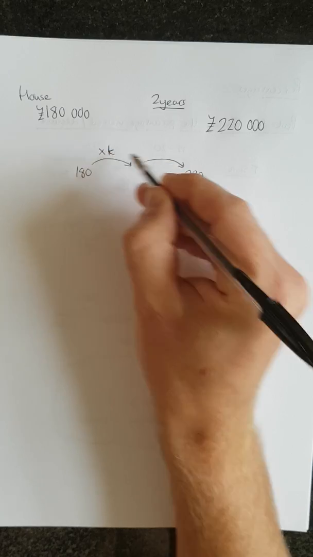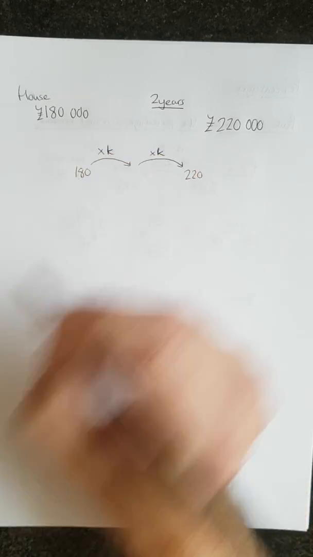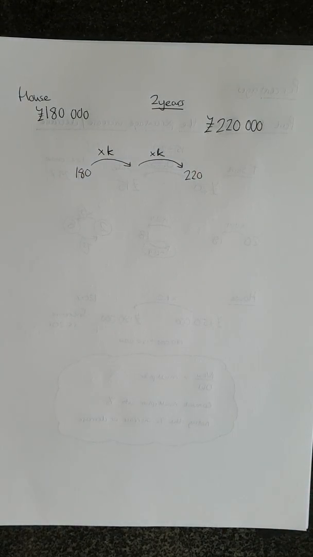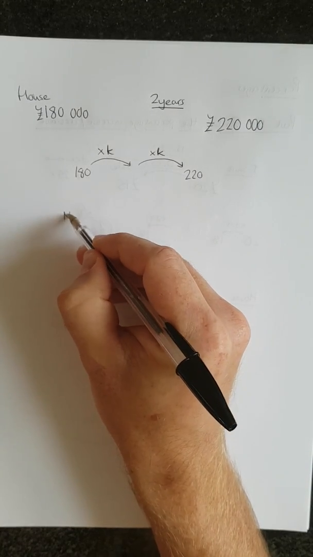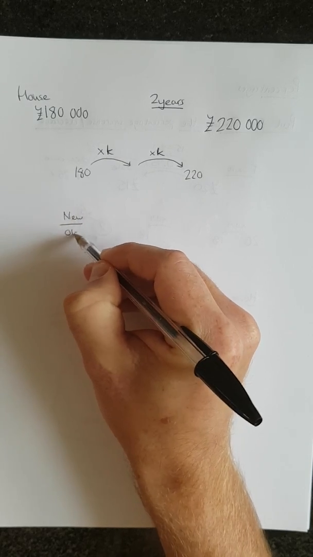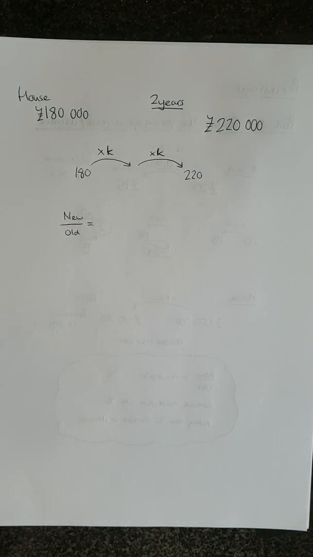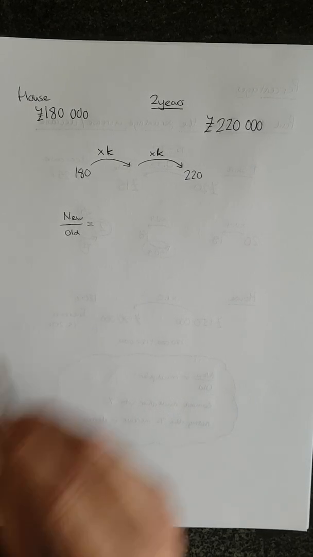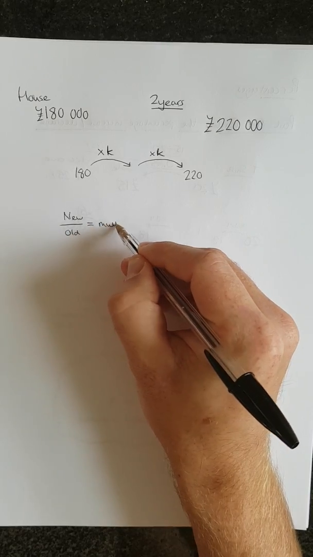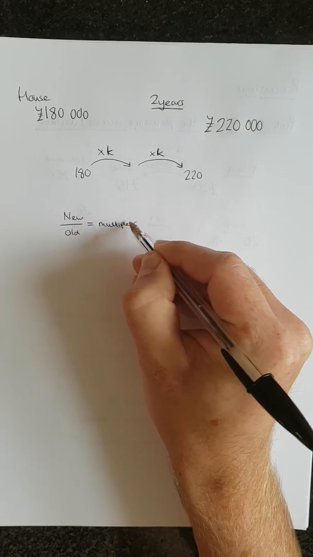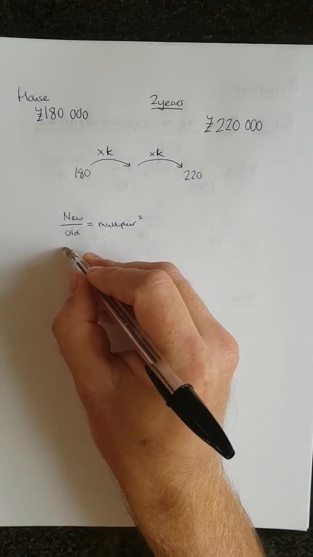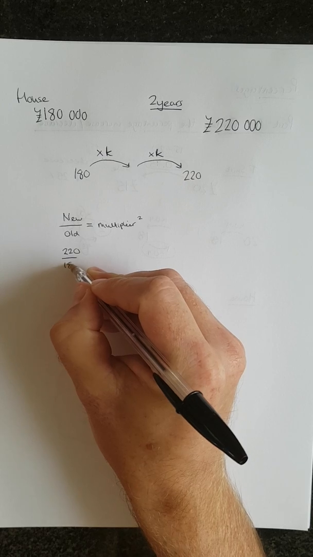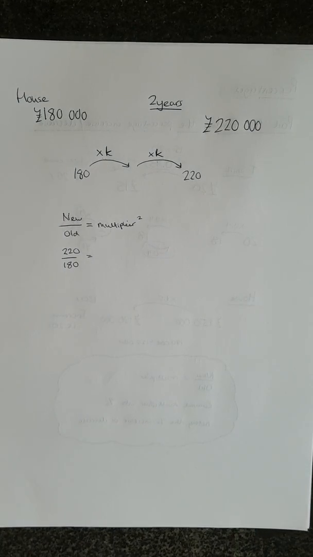So I'm going to call it K. So let's have a go at this using our method. New divided by old equals multiplier. Well, actually, it's not going to be the multiplier. It's going to be the multiplier squared, because we've got to do it twice. So 220 divided by 180.